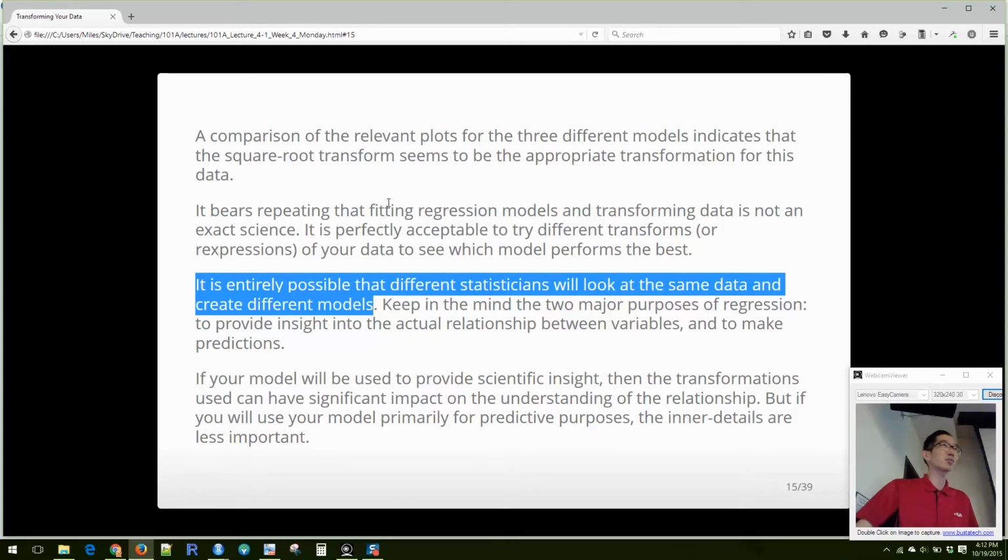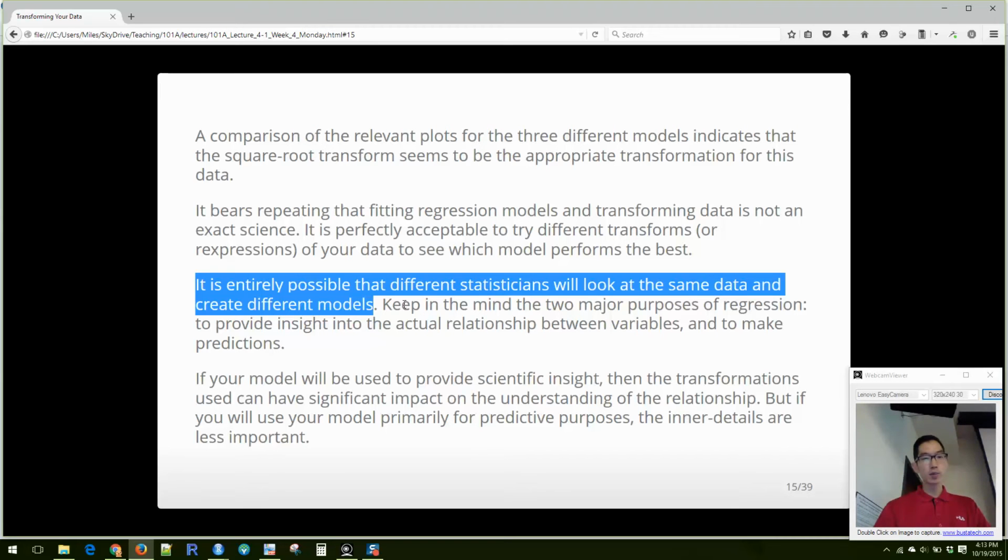This is not mathematics. In mathematics, things follow the order of logic. With statistics, you're dealing with real life data, so it's not so clear.